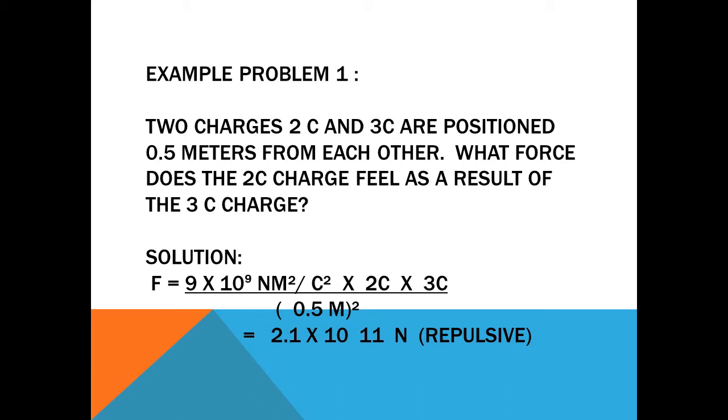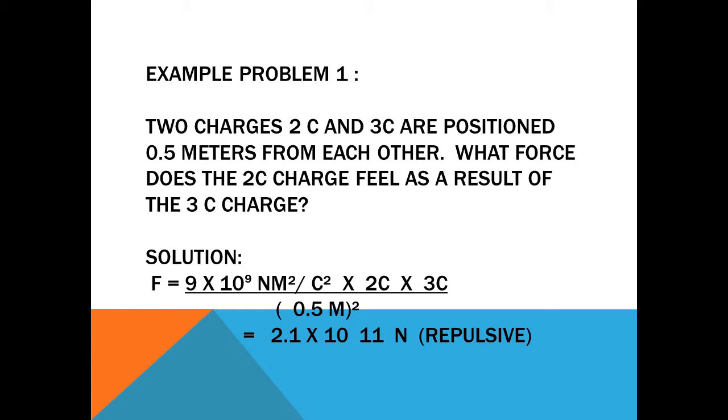So, the given here, we have the two charges: Q1 is 2 coulombs and Q2 is 3 coulombs. The distance between them is 0.5 meters. And we are going to solve the electric force between the two charges.